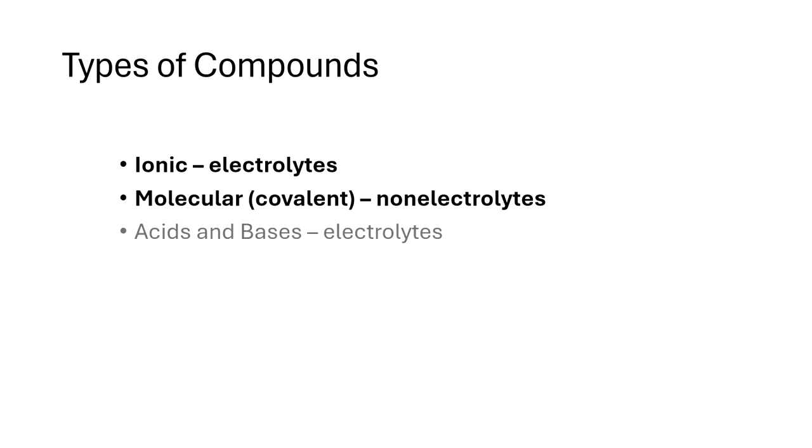There are many classes of chemical compounds, but the biggest classification scheme is the ionic and the molecular chemical compounds, and that's the one we're going to focus on the most in this slide, and mostly for organic chemistry. Now, there are acids and bases and other types of classification schemes, but we're just going to look in this slide at the ionic versus the molecular, or equivalently we call those covalent compounds.